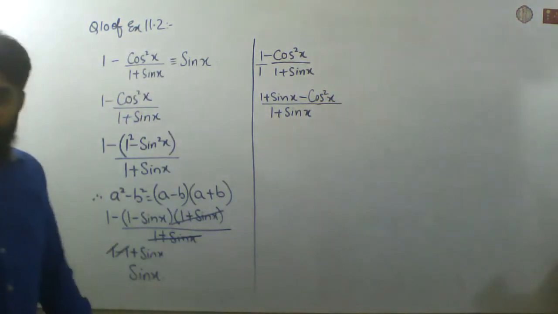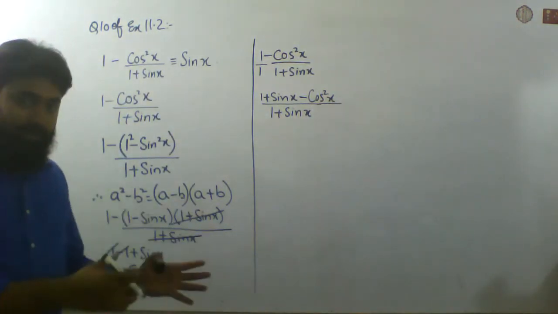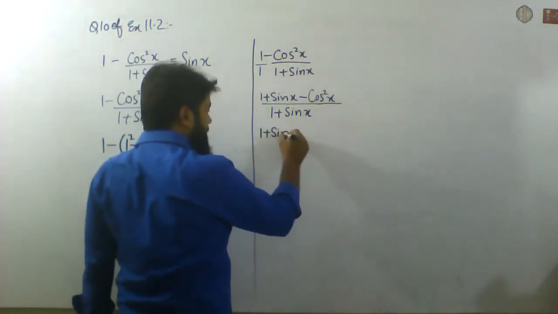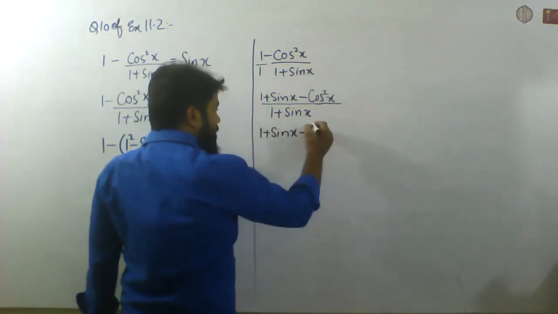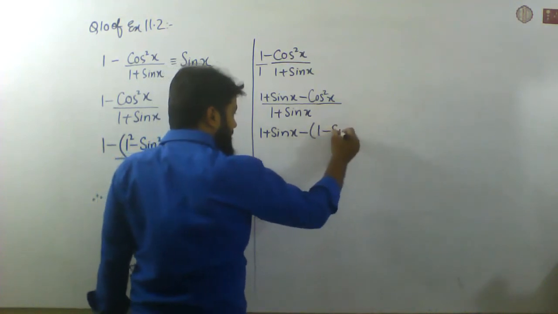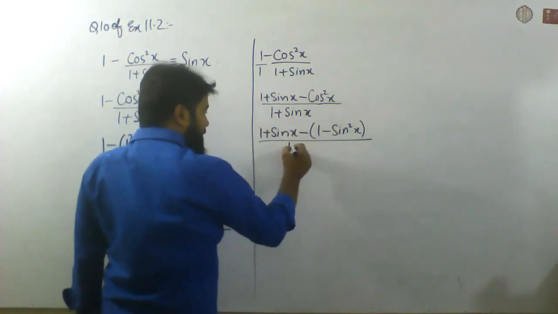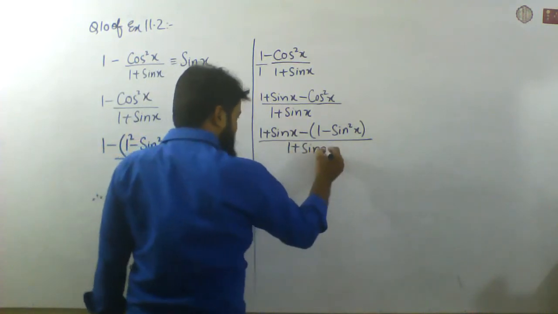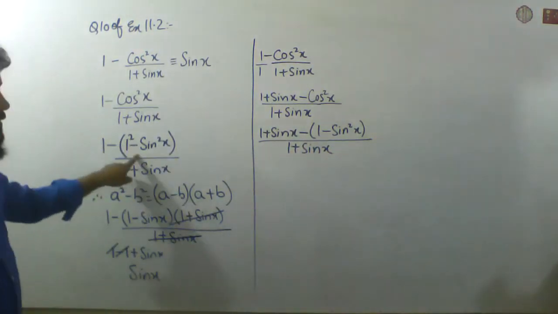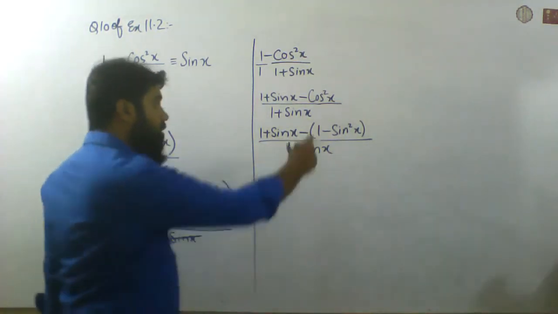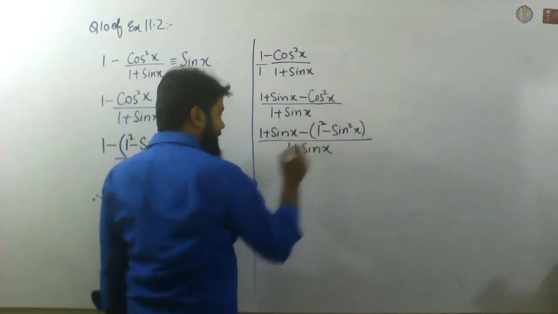The same thing I am doing with another method. Now 1 plus sin x will remain as it is, minus cos square will be written as 1 minus sin square x, upon 1 plus sin x. The same identity which I have used over here, I have used over here also. Now 1 can be written as 1 square.